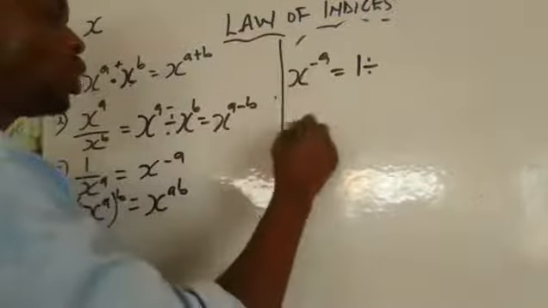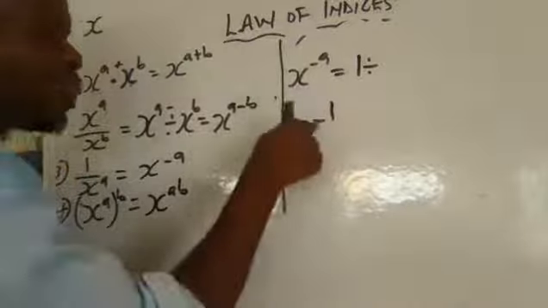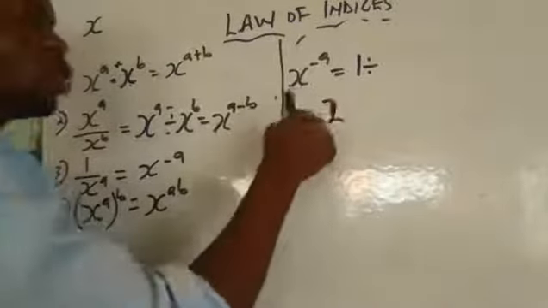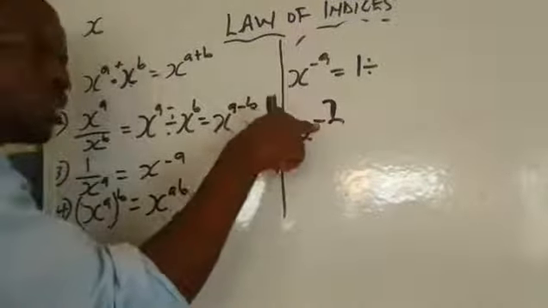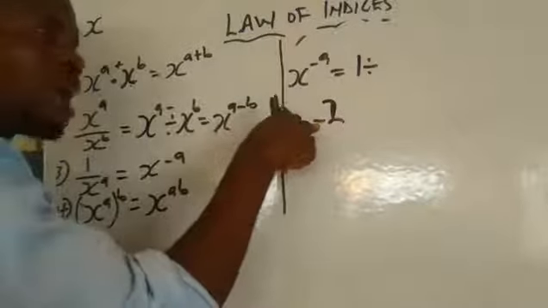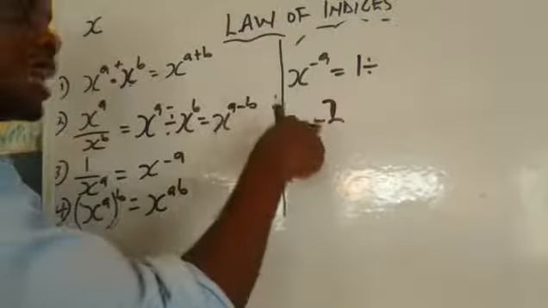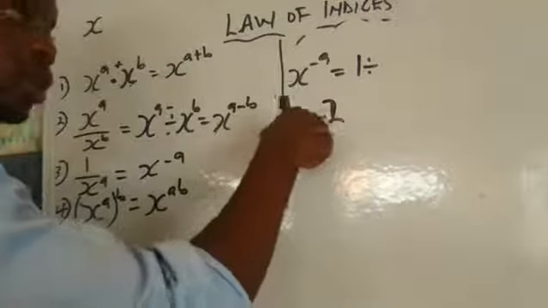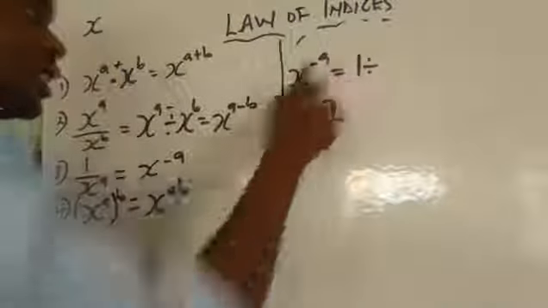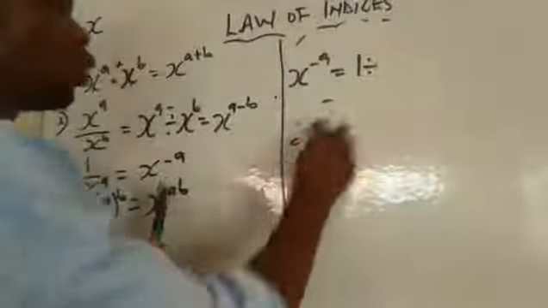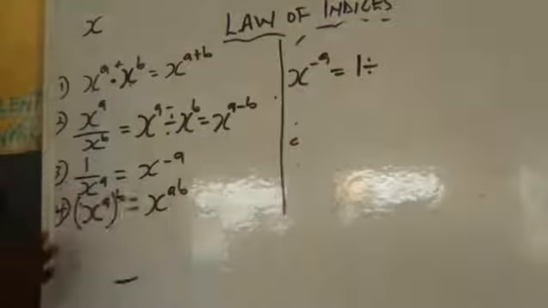When I have 2 raised to the power minus 1, or even 2 raised to the power minus 2, the minus in the position of power means 1 divided by something. Now, I want to prove that this equals this. I'm taking from here now, 1 divided.